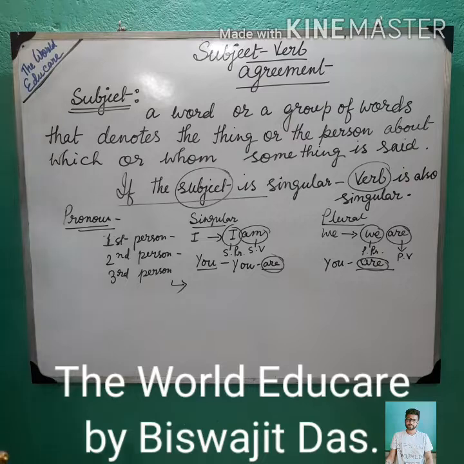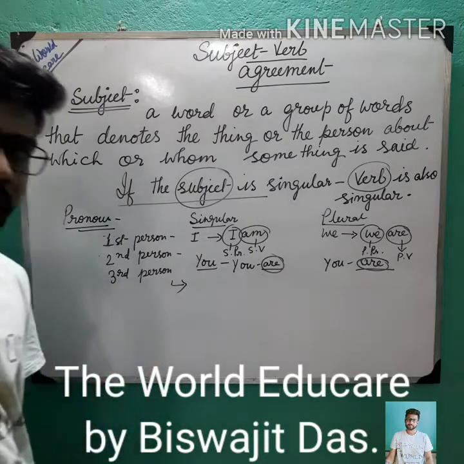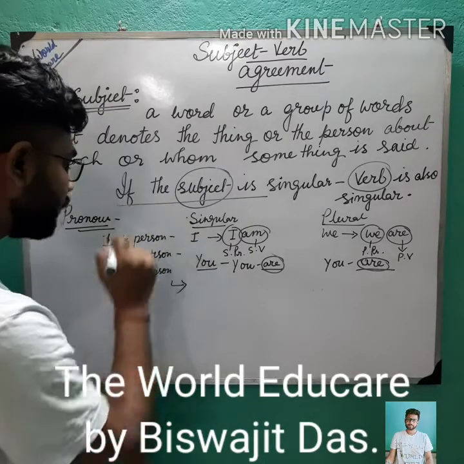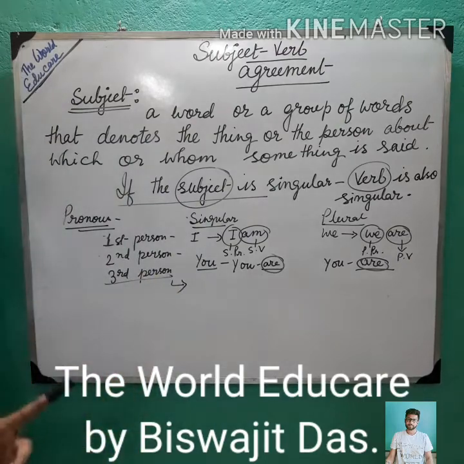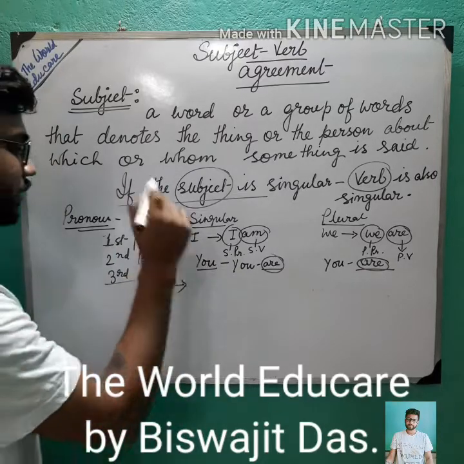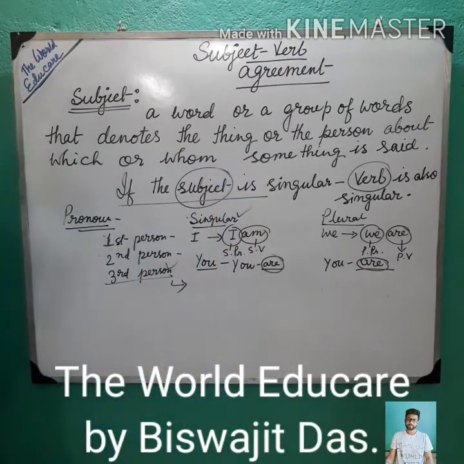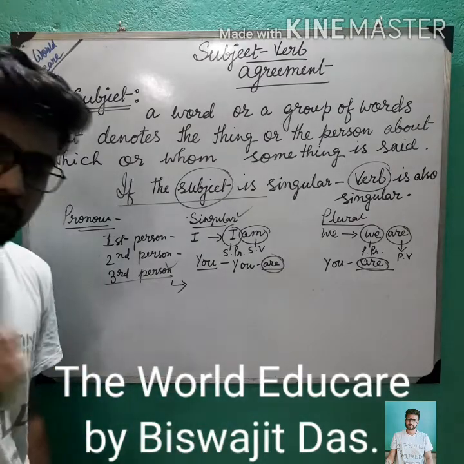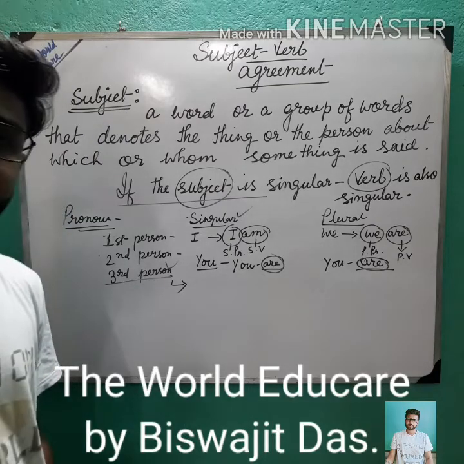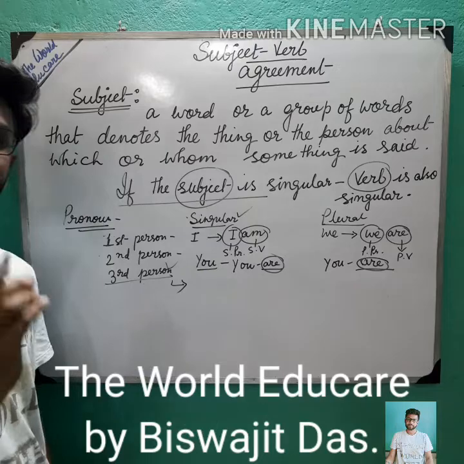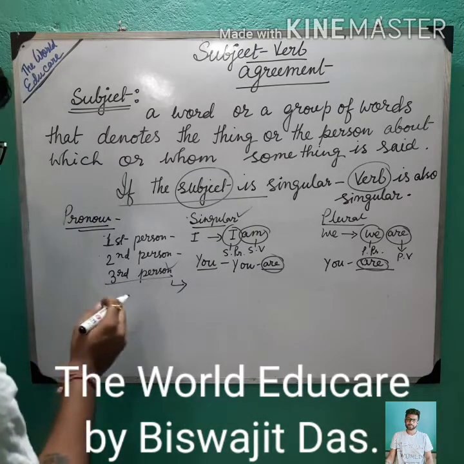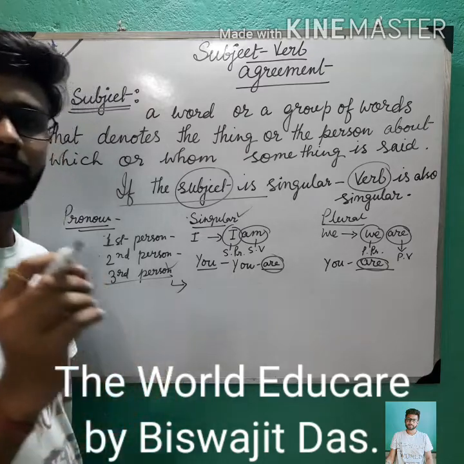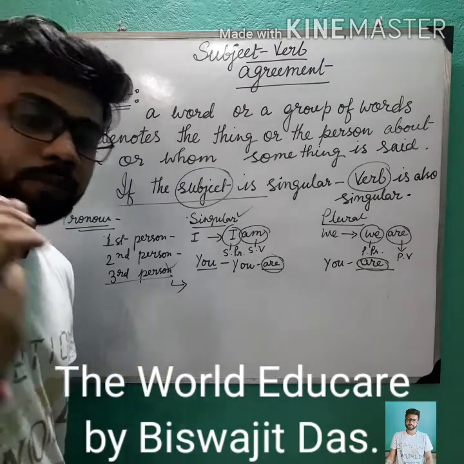In third person singular number, if I go for third person singular number and the tense is present tense, keep it in your mind. If the singular number is in third person, it can be pronoun, it can be noun also. Just listen to me. If it is third person and it is singular number and we have the use of simple present tense, obviously we have to use a singular form of verb.